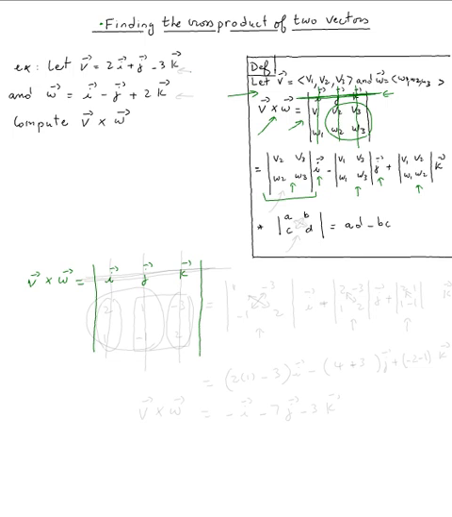And then we put the components of v on the second row, so 2, 1, negative 3, and then we put the components of w in the third row, which is 1, negative 1, 2. Now this is going to be equal to, we know this is going to be i, this will actually be minus always with the j, and then k would be plus.